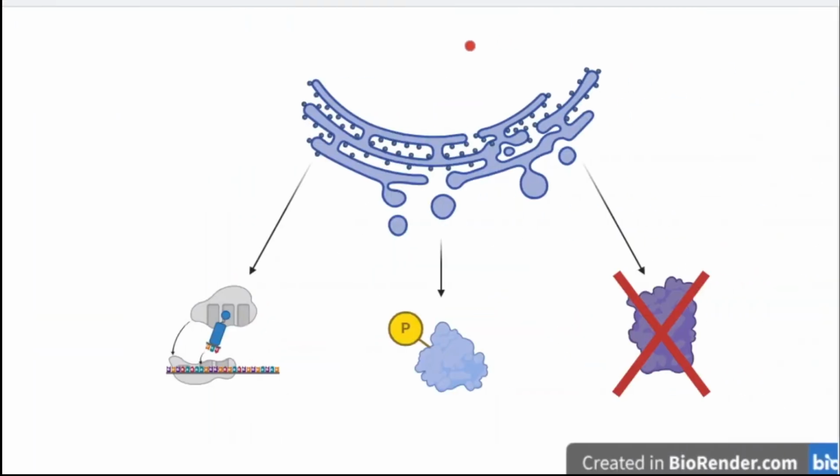So first I'm going to talk about the rough endoplasmic reticulum. Maybe you can already see why it's called rough, because it has ribosomes on it. And what are these ribosomes important for? Well, the rough endoplasmic reticulum is bound to the nuclear membrane. So this gives easy access for the messenger RNA that's produced inside the nucleus to go to the rough endoplasmic reticulum.